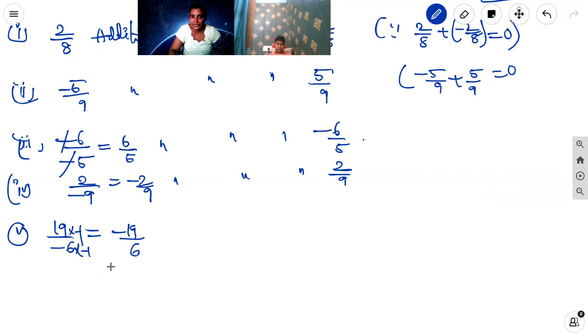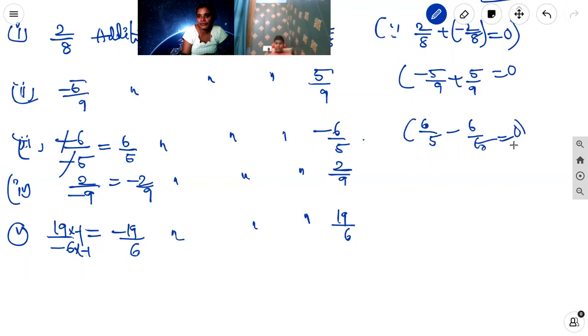If only one of them, either numerator or denominator, is negative, you write it in the numerator only. So minus 19 by 6's additive inverse is plus 19 by 6. Check each and every value. If the sum of the two numbers is 0, then the additive inverse is correct.